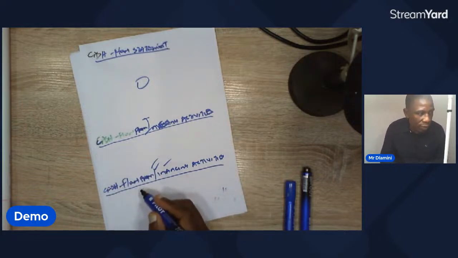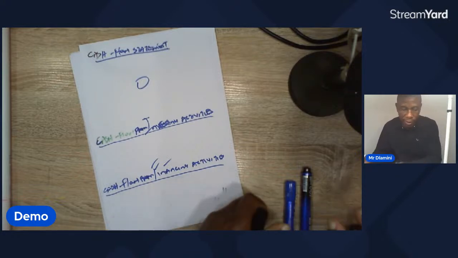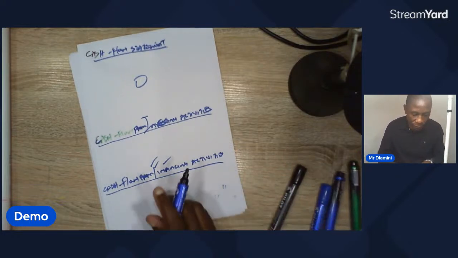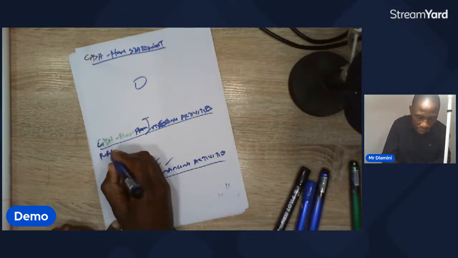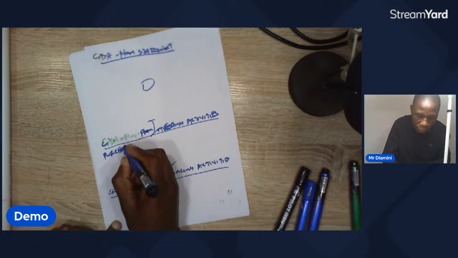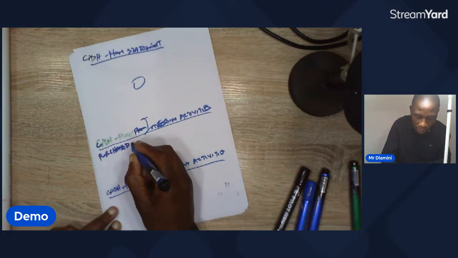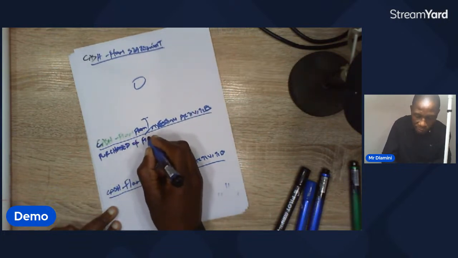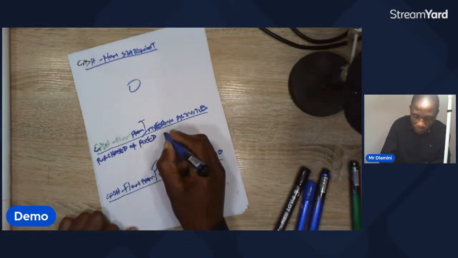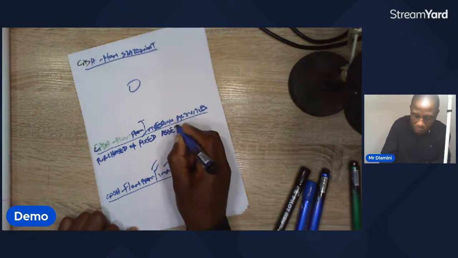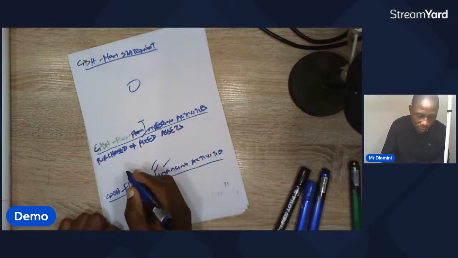Here, cash flow from investing activity, we are basically talking about purchase of the fixed assets. Purchase means to buy the fixed assets. So what's the formula here?